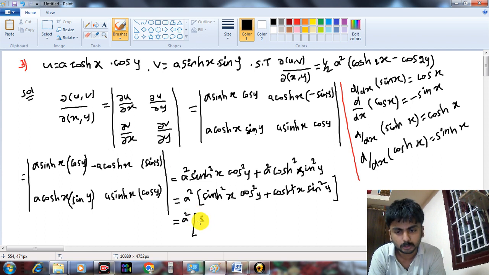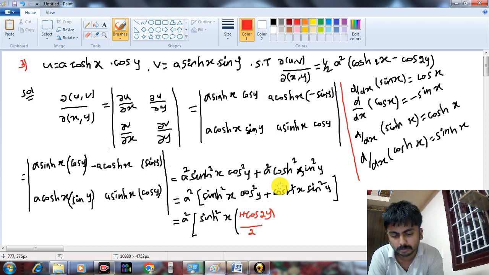So sin h square x into the formula for cos square y, which is 1 plus cos 2y divided by 2.